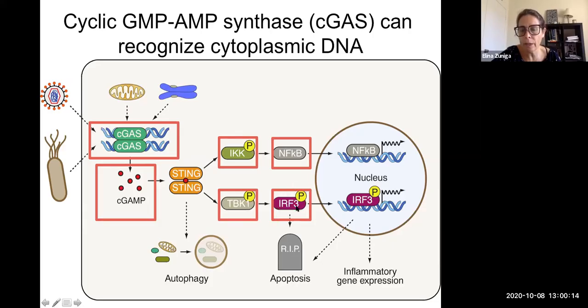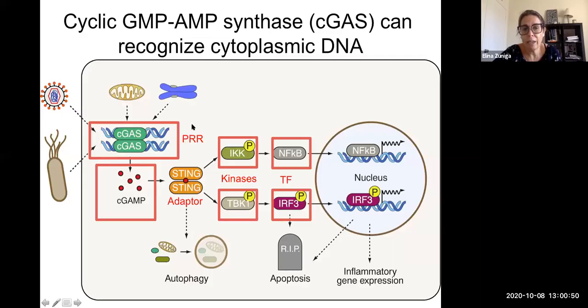And these IRFs, we said, are transcription factors that, when phosphorylated, can translocate into the nucleus and promote the transcription of interferons, okay? And so the pro-inflammatory cytokines and the interferons that result from this signaling will now alarm the host that possibly there is a dangerous presence, and lead to the destruction of the virus or bacteria that are invading.